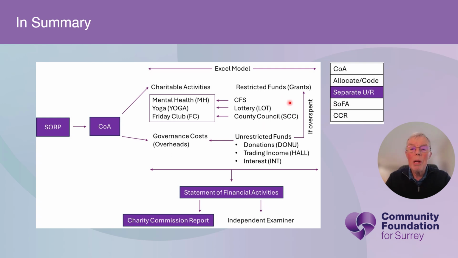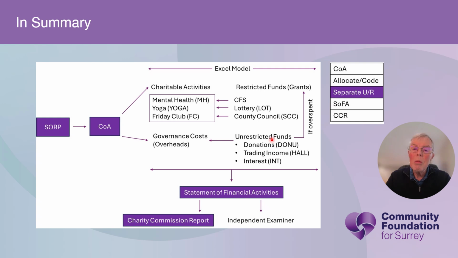And these typically use unrestricted funds. For example, donations, which you might code in your chart of accounts as DONU. If you've got trading income, the hall or the cafe, you might code those accordingly. If you've got an expense on interest or utilities or telephone, you'd code it appropriately.